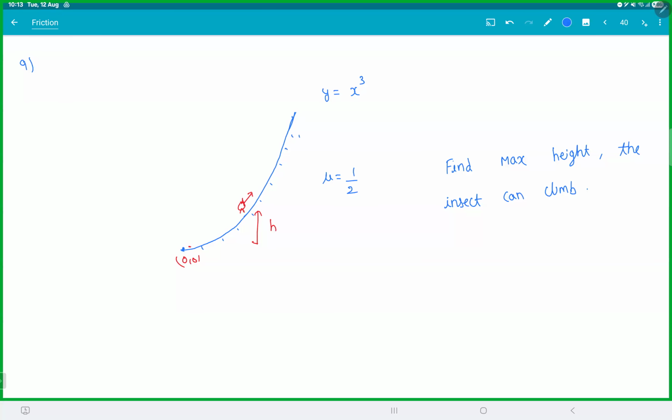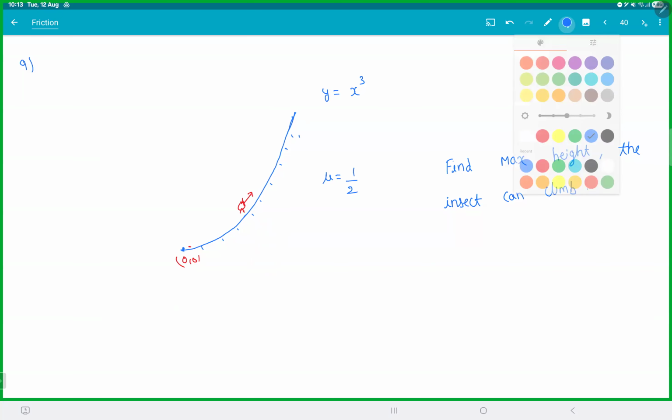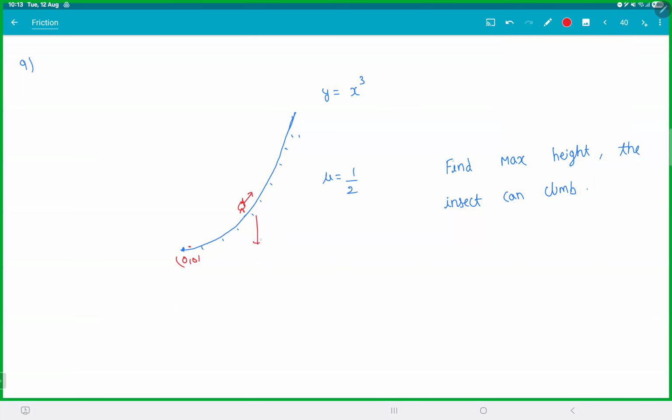So we have an insect here which is climbing on this random surface. What is the maximum height this insect can climb? Let's see. Some of you have got an answer. Anyone else?